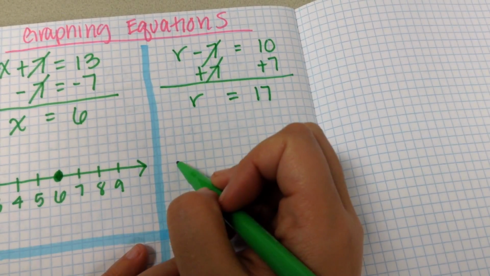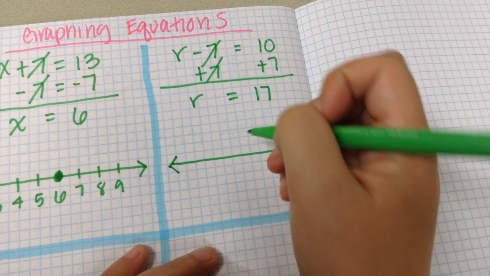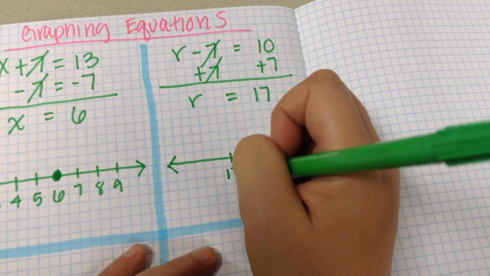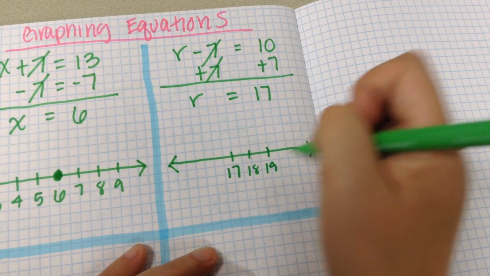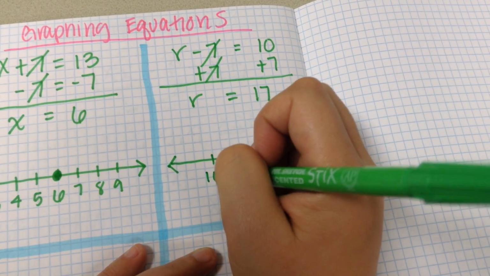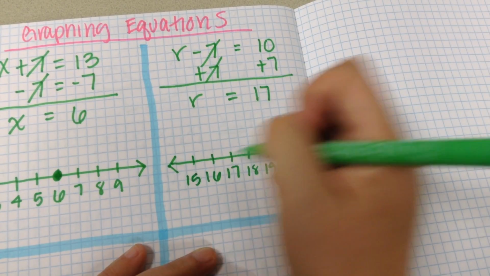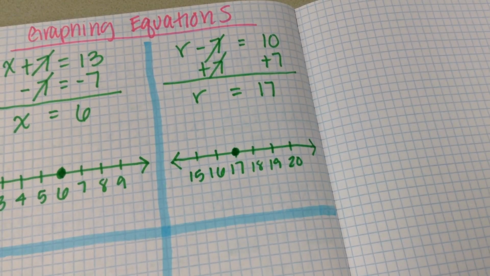And again, we're going to draw our number line. And we're going to have 17 here. And then this is 18, 19, 20. And this is 16 and 15. We're going to put a point right here on 17.